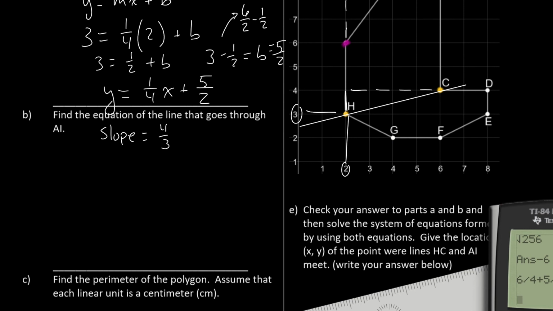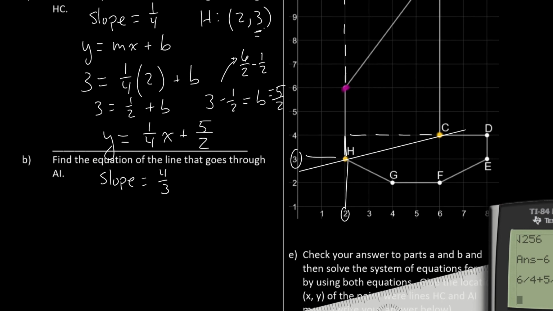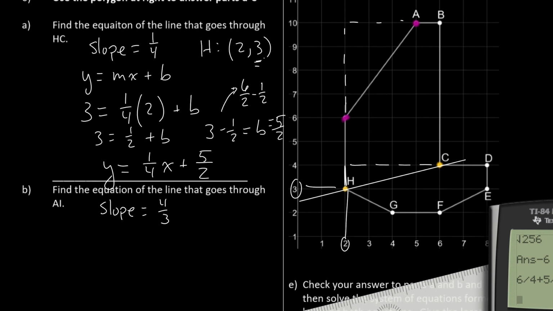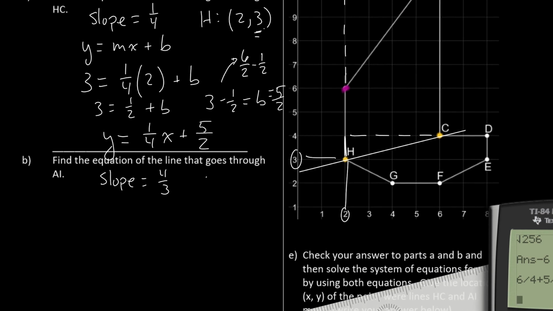Slope equals 4/3. And then I'll use this bottom point, which is at 2, 6, right? That was point I. Yeah, point I is at 2, 6. I'm going to use the point-slope form, which I've mentioned is on the window in the classroom. Remember, this is another way you can get the equation of a line: y minus a y value that you know equals the slope times the quantity x minus the x value that you know.